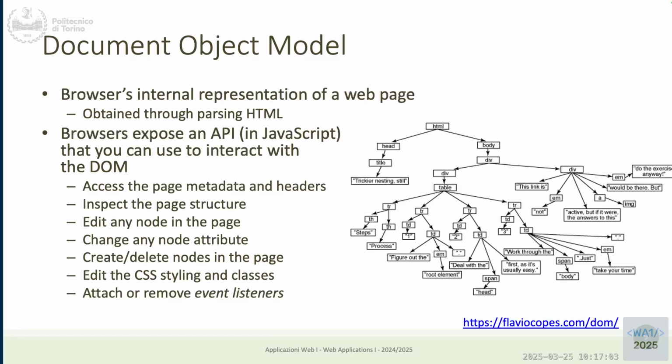It's a set of objects, of course, and these objects represent all the elements in our web page. And these elements could be tags, like the div, the p, the image. Each tag is an object of type element, HTML element to be precise, and they can be nested, so they form a tree, and each of them can have some properties, some attributes.